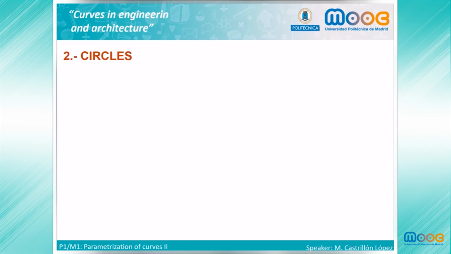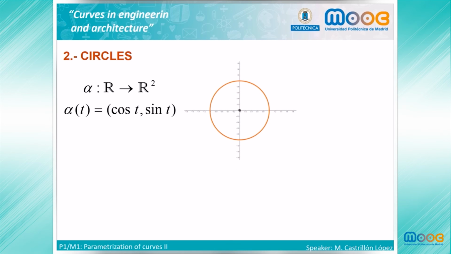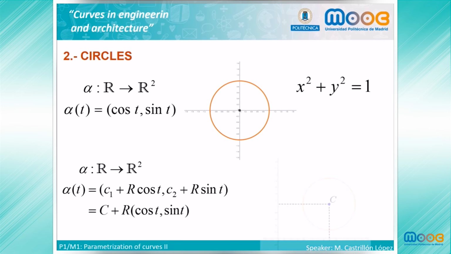Another important example is a circle. It is parametrized with a cosine and sine. And this is a circle with center at the origin and radius 1. If you want to change the center and the radius, then you have to add this new center and you have to multiply the trigonometric functions by that radius.